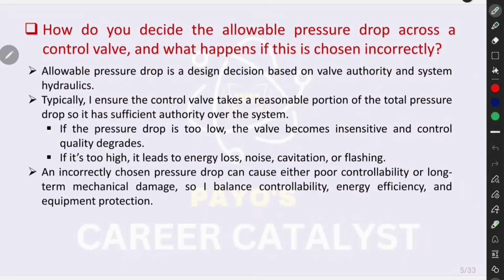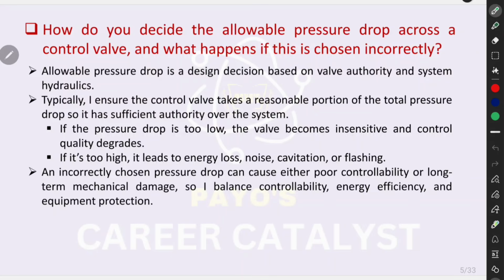How do you decide the allowable pressure drop across a control valve? And what happens if this is chosen incorrectly? Allowable pressure drop is a design decision based on valve authority and system hydraulics. Typically, I ensure the control valve takes a reasonable portion of total pressure drop, so it has sufficient authority over the system.